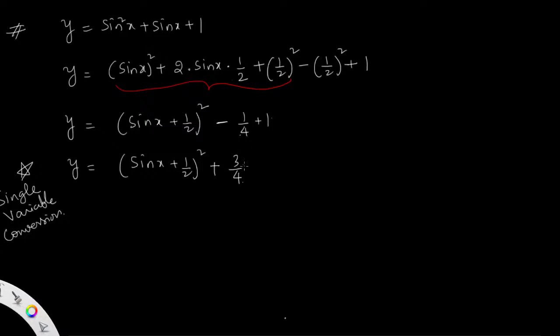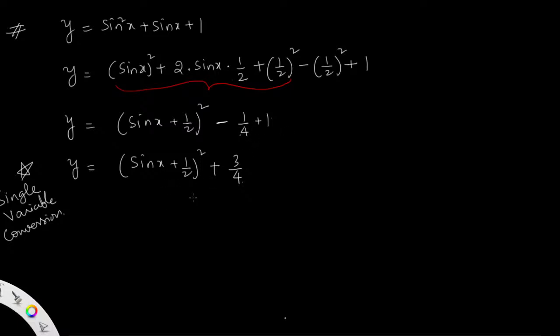So for any given problem, first convert it into a single variable term and then proceed as is convenient. It is in the form of a plus b whole square, but not a perfect square, so we convert it by adding and subtracting, keeping plus 1 as it is. Up to this value it is a plus b whole square, and simplifying, minus 1 by 4 plus 1 equals plus 3 by 4.